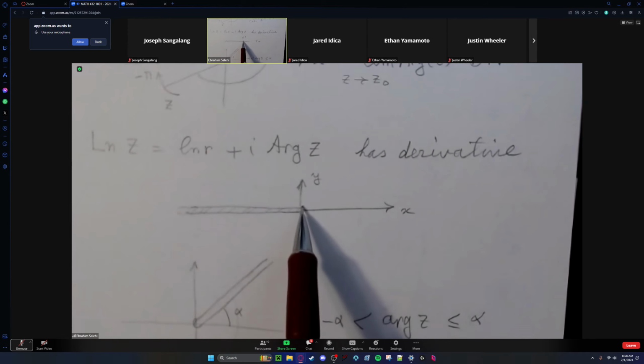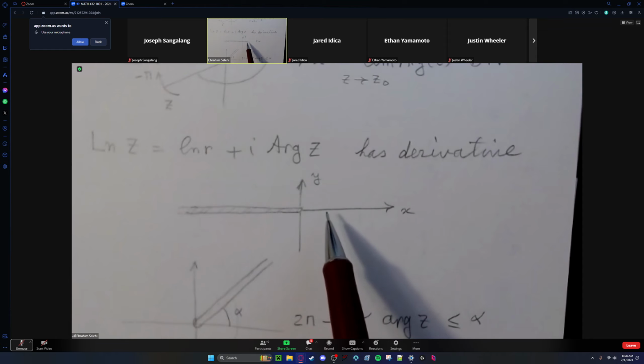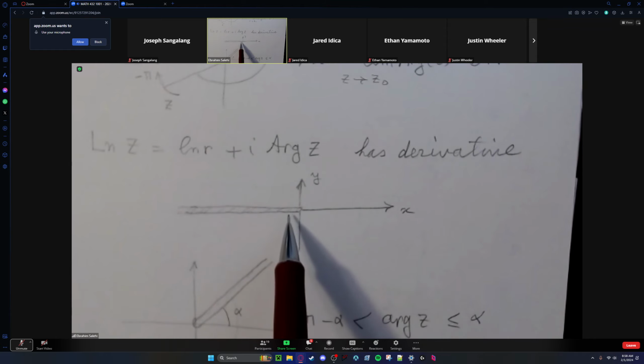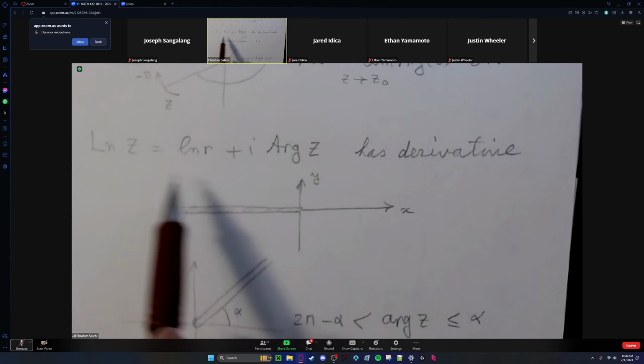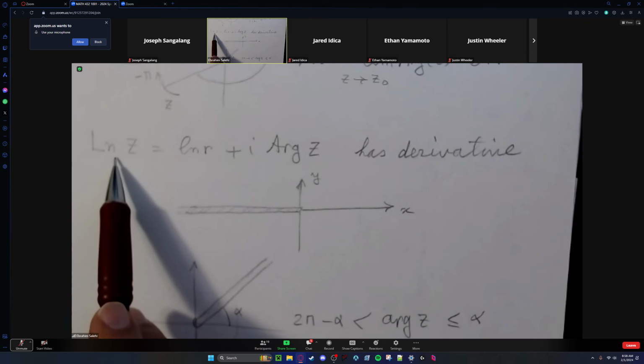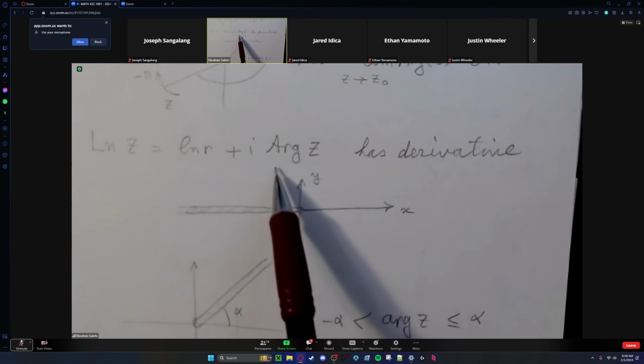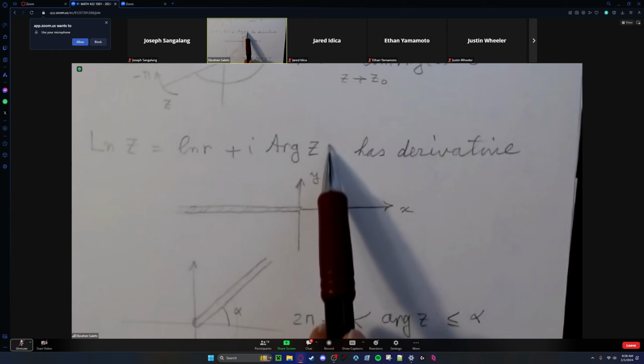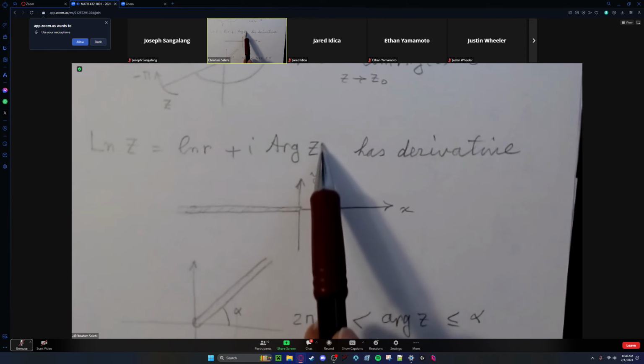Of course, it doesn't have a derivative at zero either. All right. This is because we don't have continuity of this imaginary part.